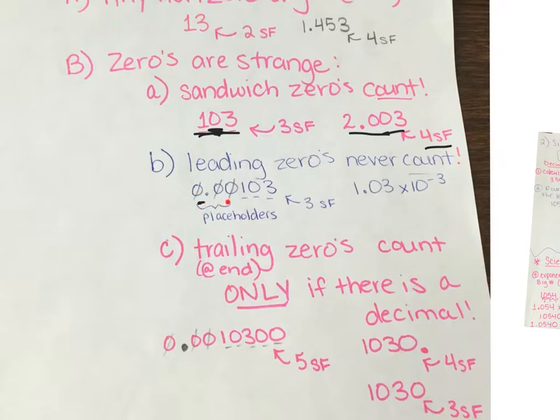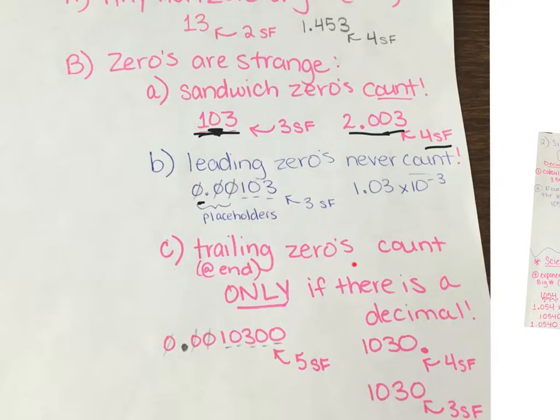If I were to write this in scientific notation, which I'll go over in just a little bit, it would be 1.03 times 10 to the negative 3. And here you can see that sandwich 0 is there, and there's only 3 significant figures. But these zeros right here, they're just placeholders. We're going to see in the next rule that there are also placeholders that can be at the end, and so placeholders don't really matter in terms of being a significant figure. So leading zeros are not significant.